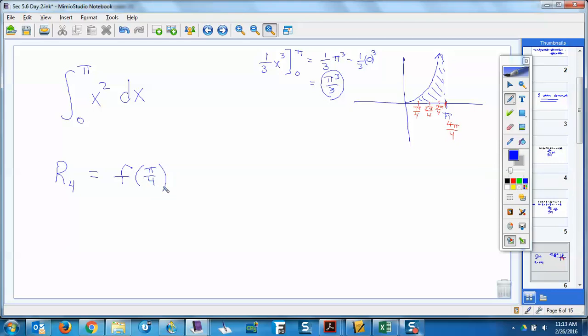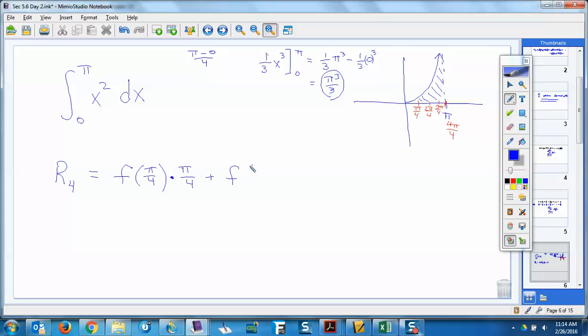My first right edge is there because I'm doing 4 of these. I plug it into the function. That is my height, f of pi fourths, times my width. What's the width? Pi fourths, because we're going pi minus 0 divided by 4 subintervals. Pi fourths is my width.